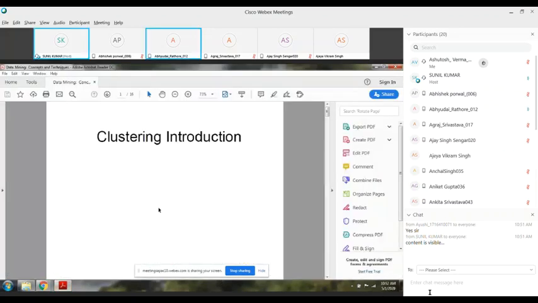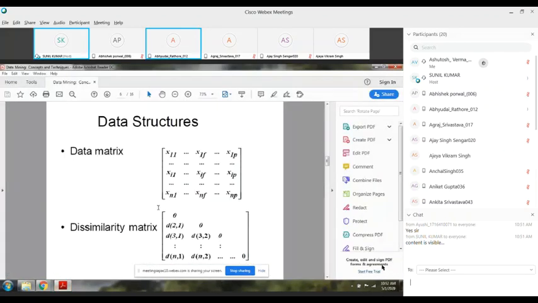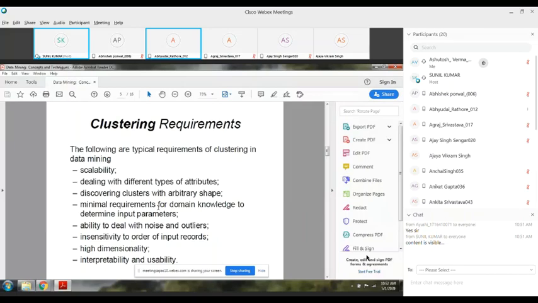So I was talking about the clustering requirements, the ability to deal with noise and outliers. It means our clustering algorithm must be capable enough to handle noise, which is any object that should not belong to a particular group but is present there anyhow.